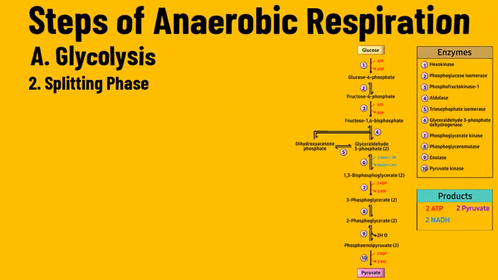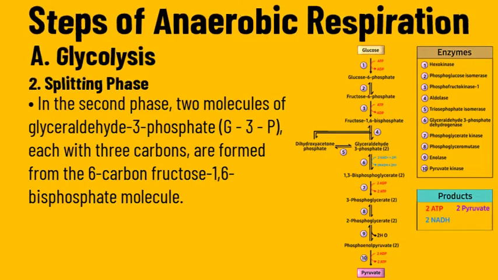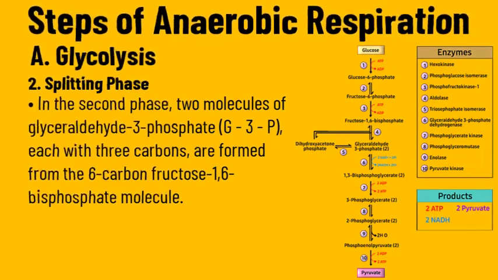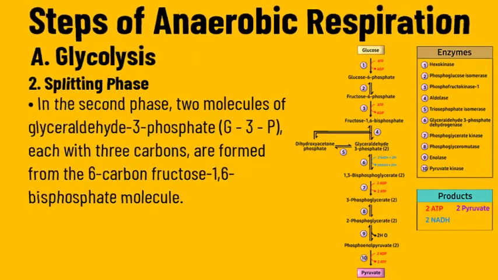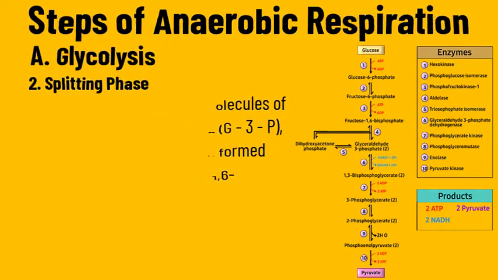Number 2. The splitting phase. In the second phase, two molecules of glyceraldehyde 3-phosphate, G3P, each with 3 carbons, are formed from the 6-carbon fructose 1,6-bisphosphate molecule.